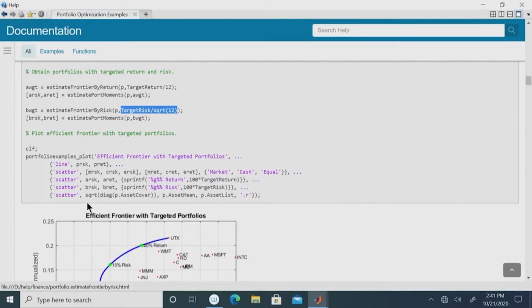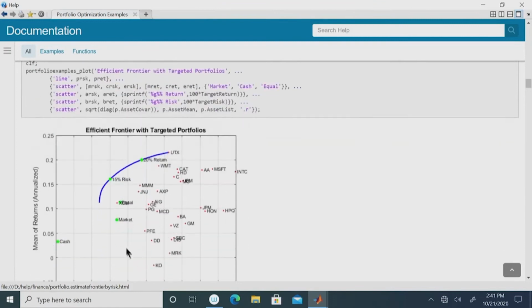Once we do this, we keep extending our plot that was done earlier. As before we have all the return and risk of the individual components along with whatever we had seen earlier in terms of the market, equity and cash return, and we have the efficient frontier that we see here. In addition, we now have identified two specific portfolios.